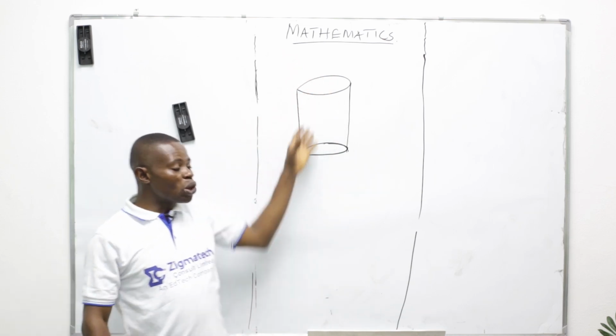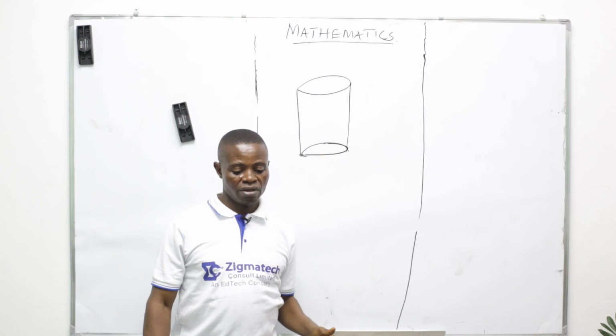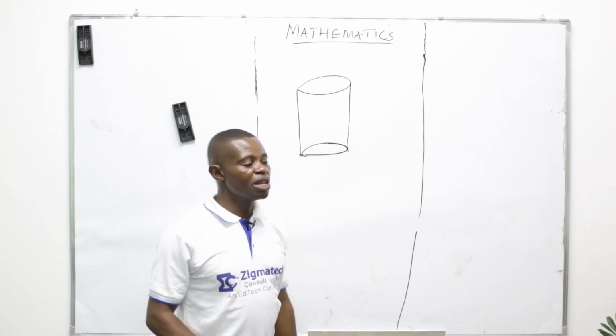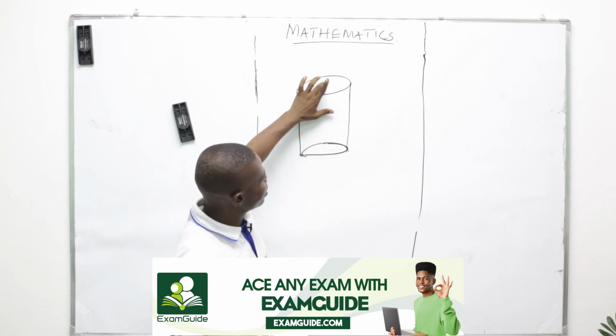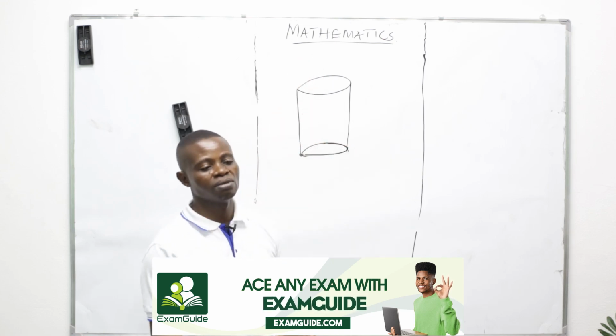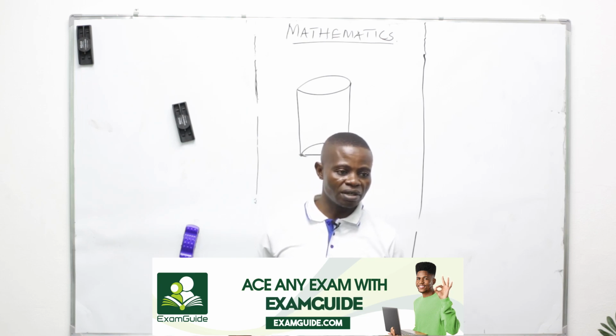That is, closed at both ends. It is closed, meaning two circles are existing. Can you see it? Circle 1, circle 2. Good. Now let us go directly to their question.